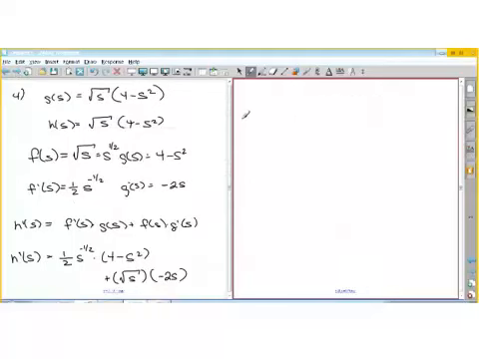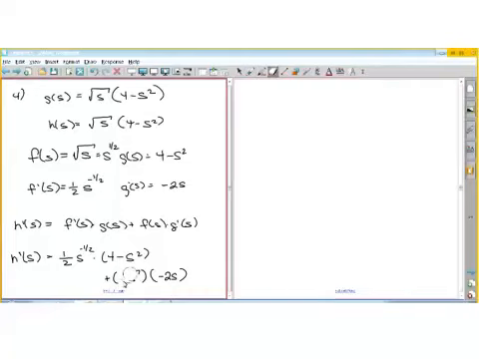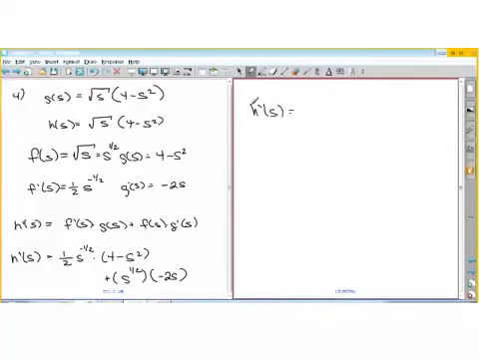And then we just kind of clean it up a little bit. So maybe I shouldn't have done the square root. Let me just write it as s to the 1/2 power, because that'll help. So I'm just using this version here. Okay, so we're going to multiply everything out and then simplify. So we get 1/2 times 4 times s to the minus 1/2 power.